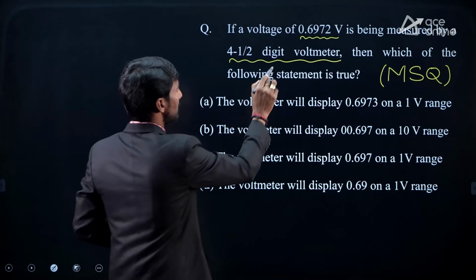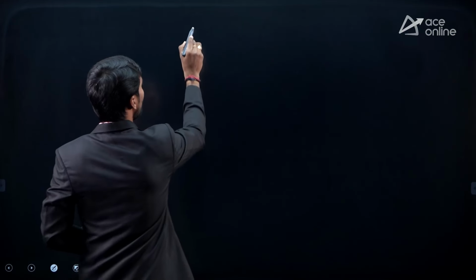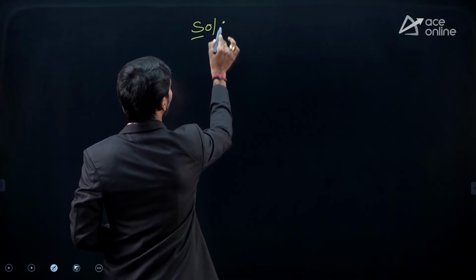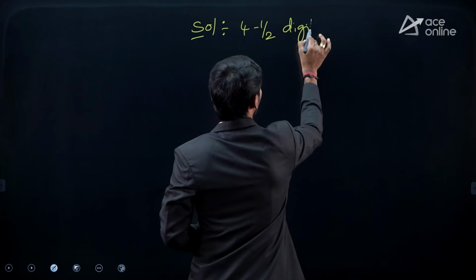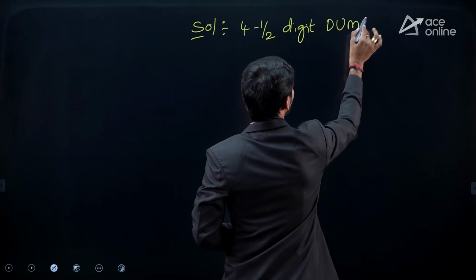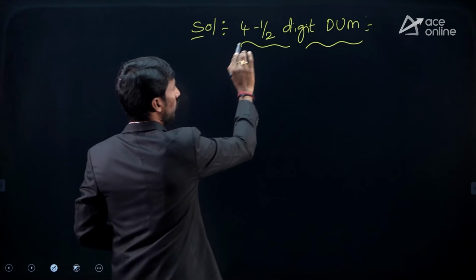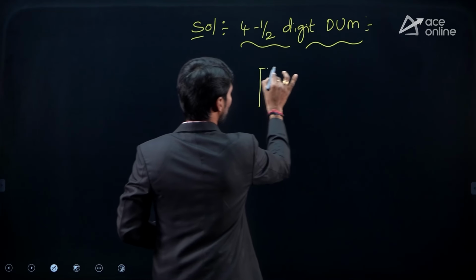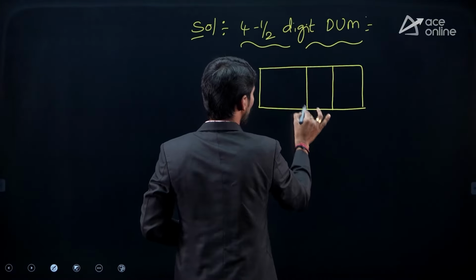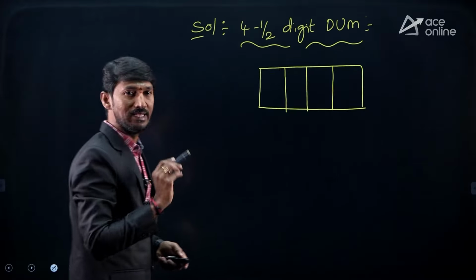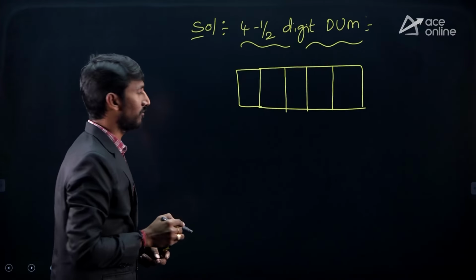Now the question is, sir, what is the corresponding 4.5 digit device? So we need to understand the basic point: a 4.5 digit DVM, 4.5 digit digital voltmeter. In the class also I told you a simple technique. 4 digits will be there, 4 full digits we say, and 1 half digit.